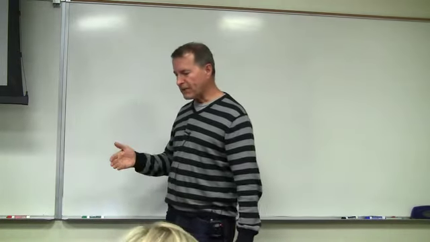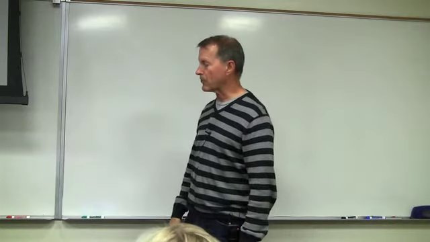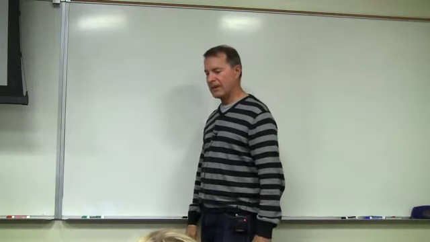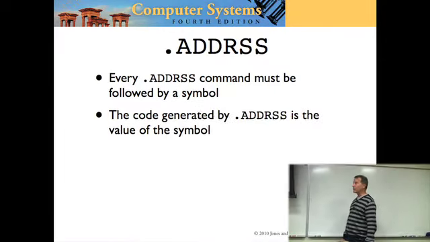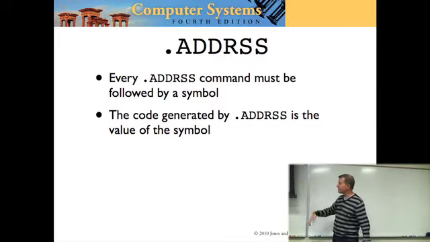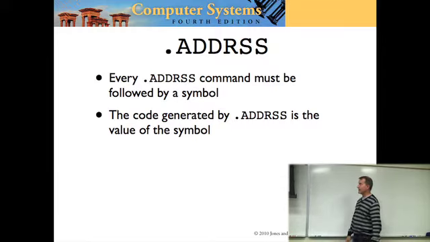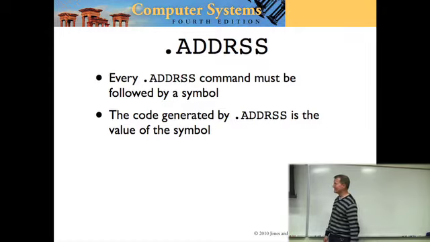Now, in order to implement this, we're going to learn a new dot command. We never do use the dot burn command, but this is the last dot command that we're going to learn. It's the .addrss command, and here it is on this slide. Address without the E. Now, here's the thing. Every dot address command must be followed by a symbol.